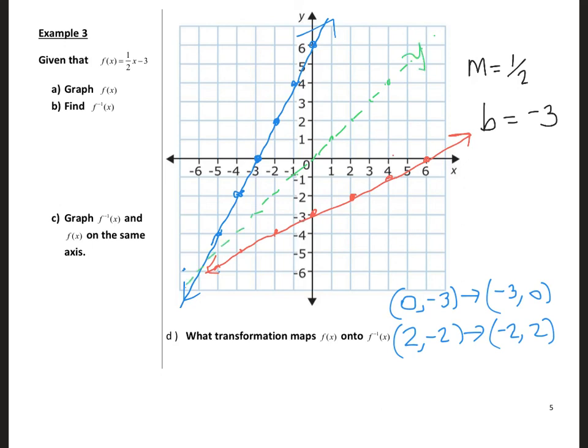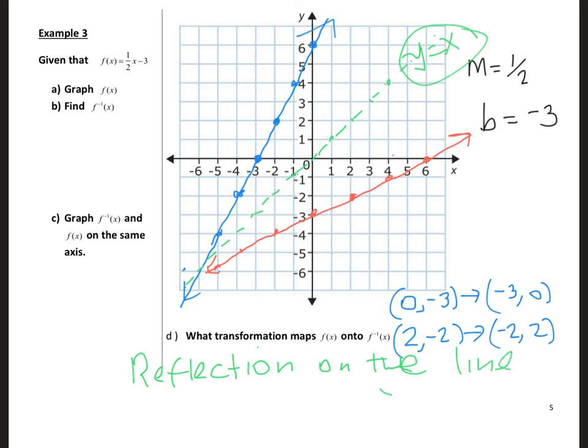This is the line y is equal to x, and all the transformations are reflections on the line y is equal to x, and that happens every time.